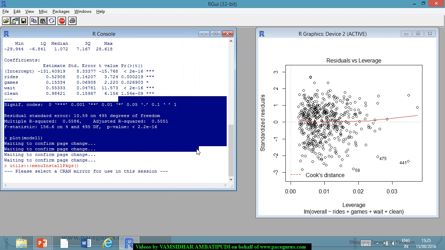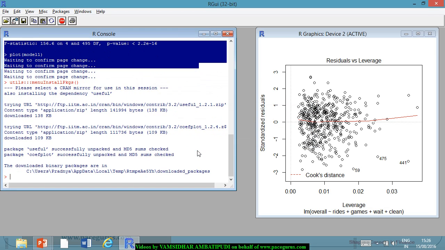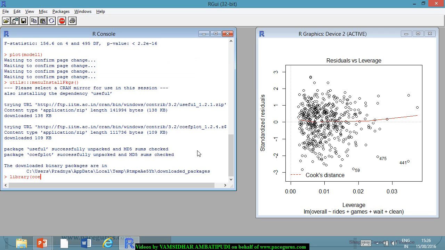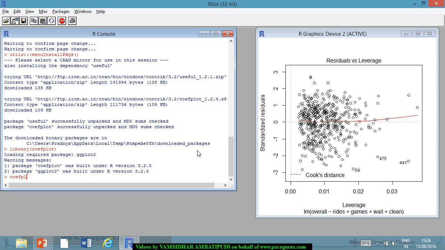So I'll use this coefplot package, and I have coefplot as a function. I'll load this coefplot package, which is to do with plotting the coefficients. Now this function coefplot takes the model, so I'll plot model 1.